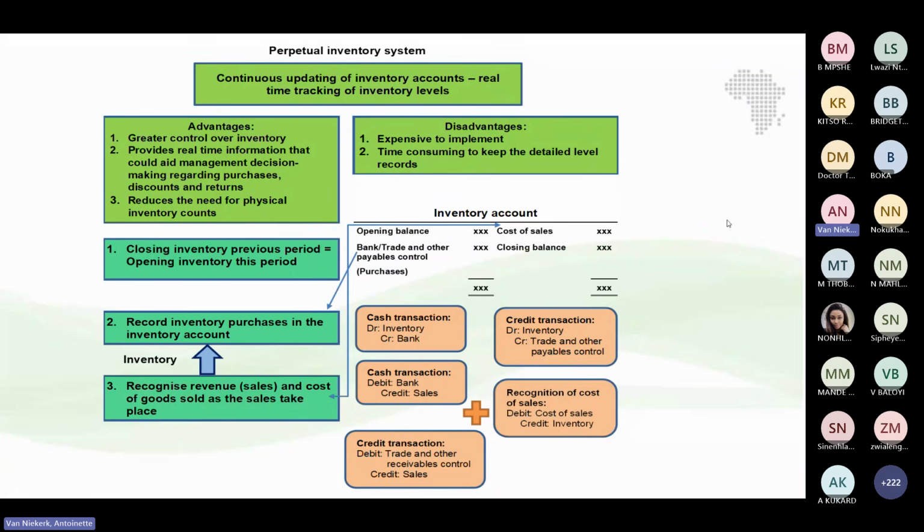I want to ask you guys, we are past the time that we should have already closed. So I want to ask you guys if you can, by show of thumbs up, show to me if you want to continue, because remember now, we're now going to start the perpetual inventory system. This will be again another hour at least.